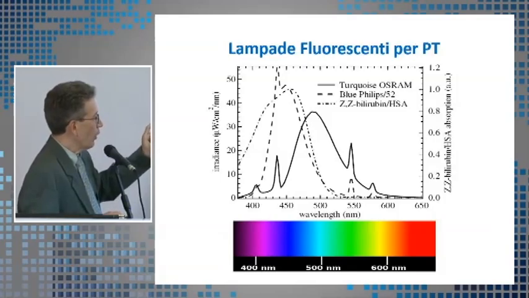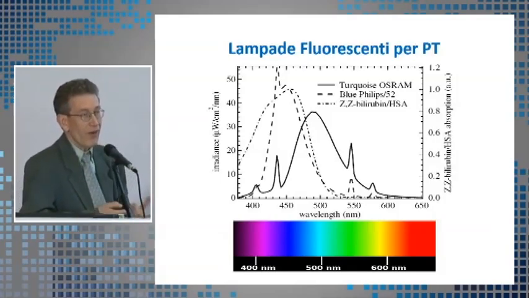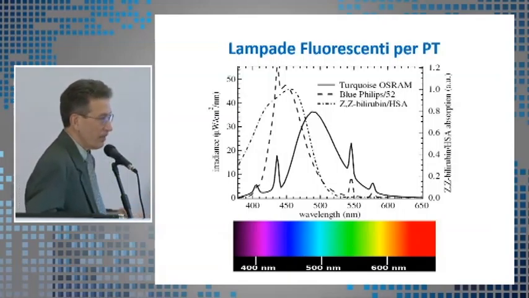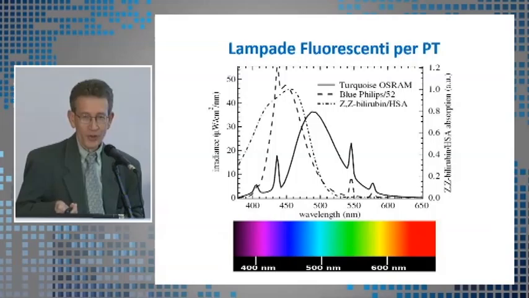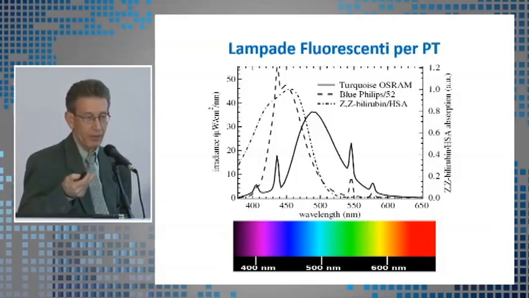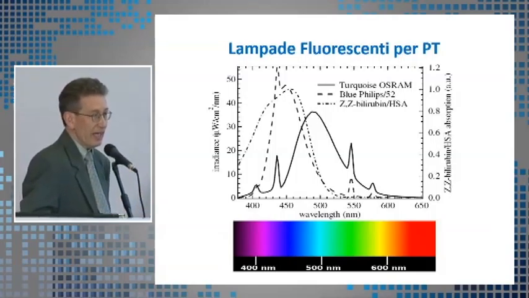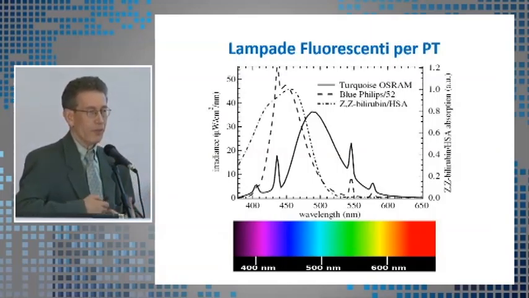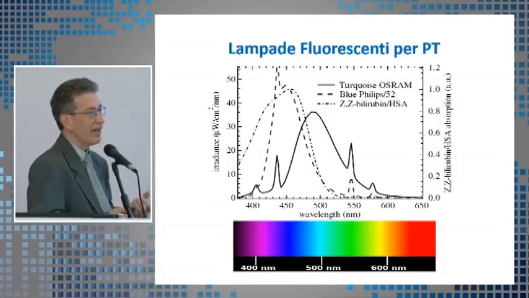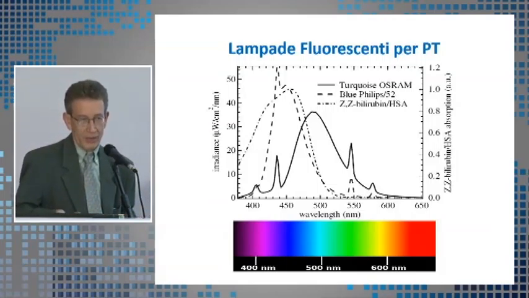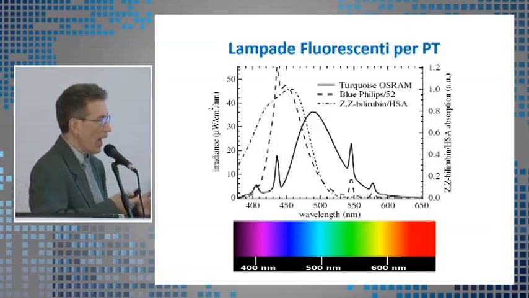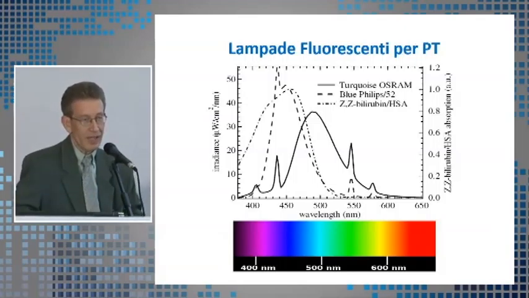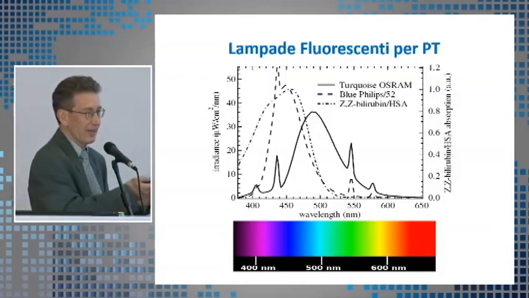And Osram has made a turquoise-colored lamp based upon a patent of our team. We've given it for free. So Osram makes this lamp, but since it's a cost, it doesn't sell it. This is what we were talking about. The problem is also that they make it, but more often than not, in neonatal wards, they use bluish lamps, and they don't buy it because the turquoise one costs more.